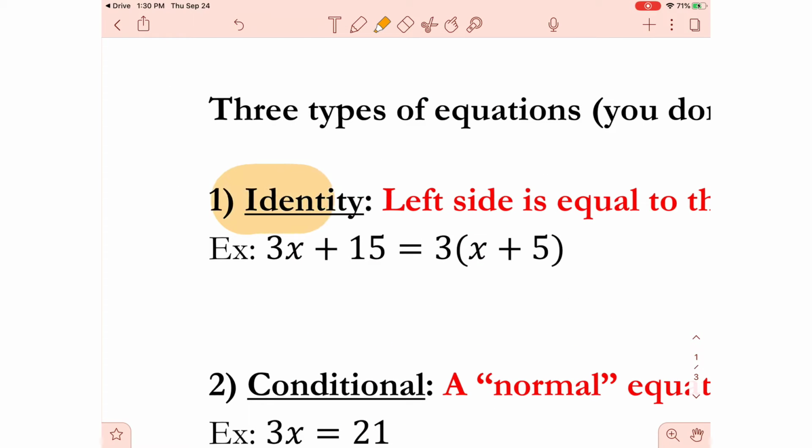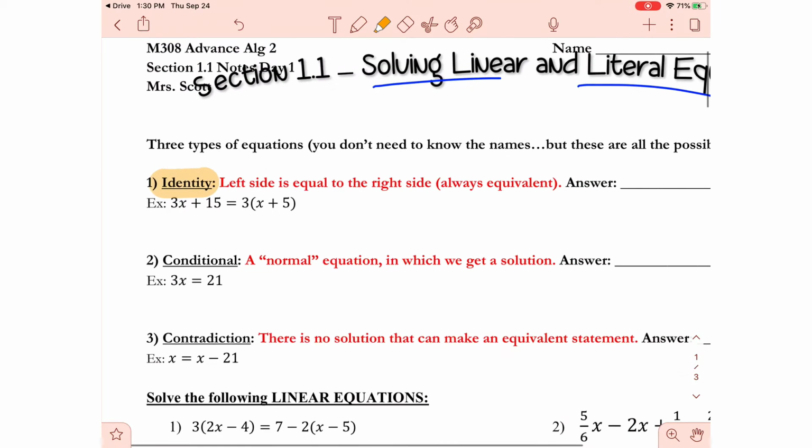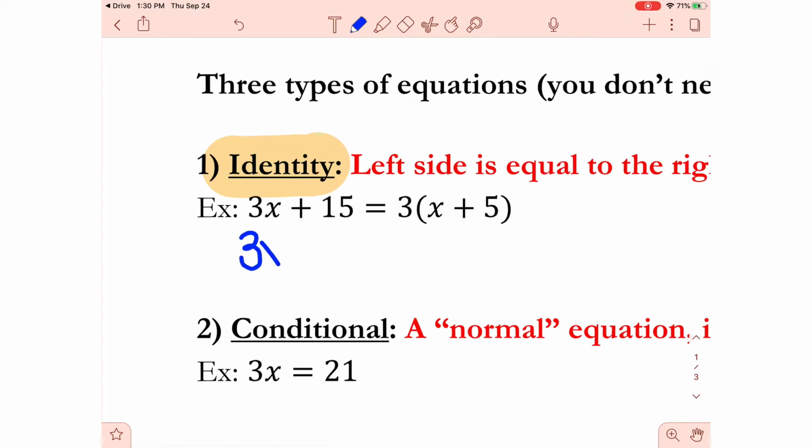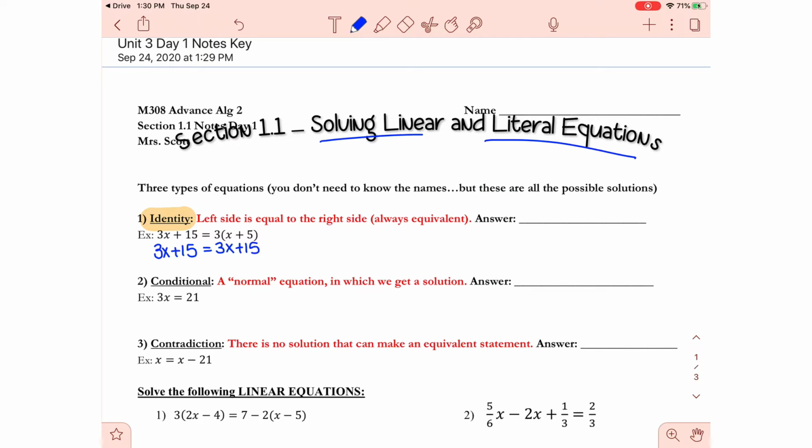Now, you do not need to memorize these names, but this is the technical name. An identity equation is when the left side is exactly equal to the right side. So in this example, obviously 3x plus 15 is equal to, if I distribute, I also get 3x plus 15. So this is the exact same thing on the left as it is on the right.